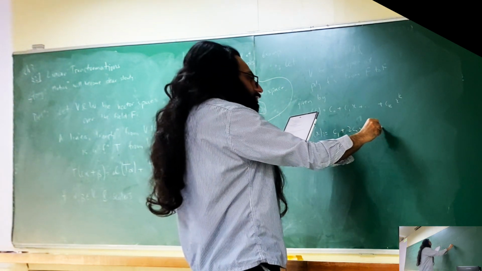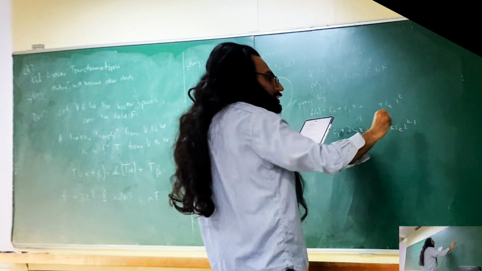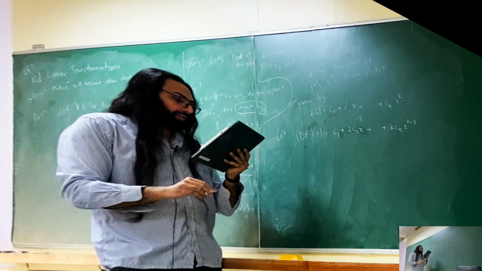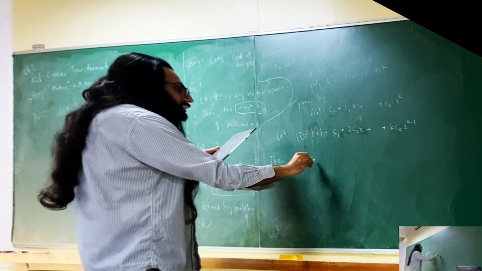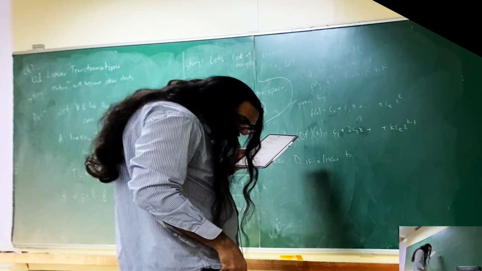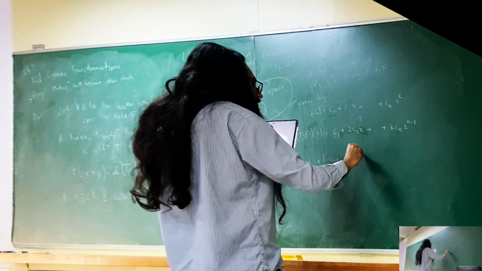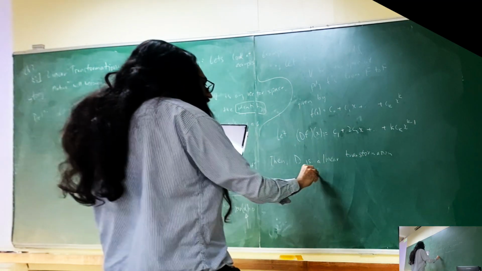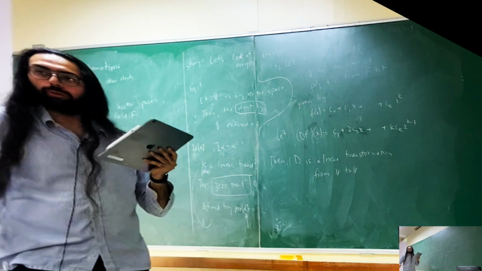c2 x plus k0. It's a differentiation, right? It's just by definition. And then T is here, a linear transform from B, taking polynomials to polynomials.